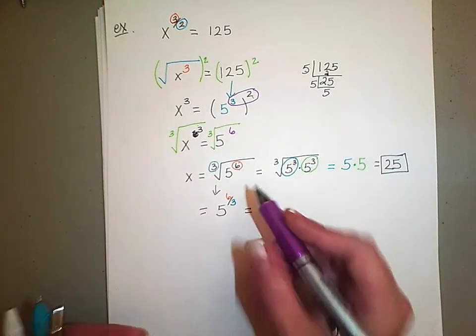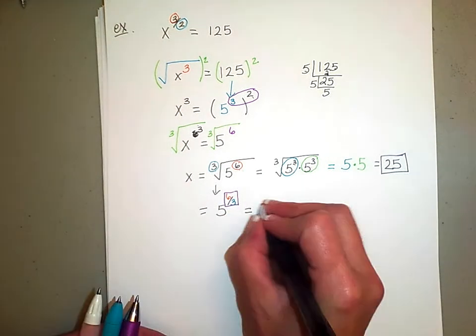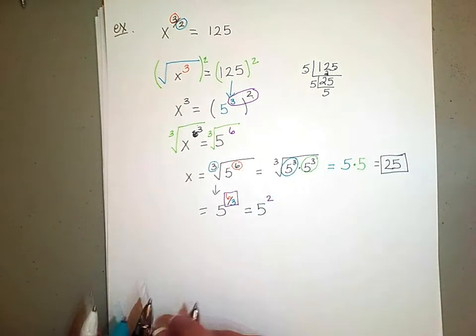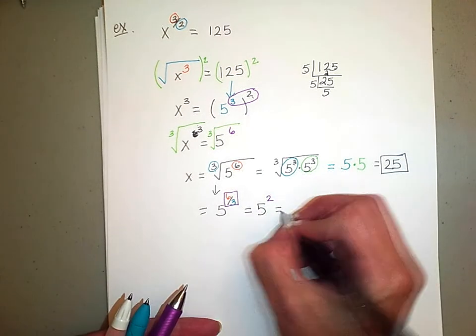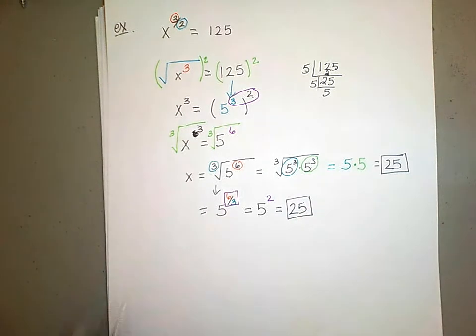And now this will simplify. 6 over 3 is simply 5 squared, which is equal to 25. So there's a couple of ways for you to do it. Let's try a different problem.